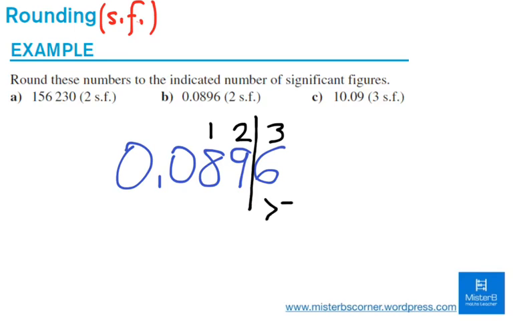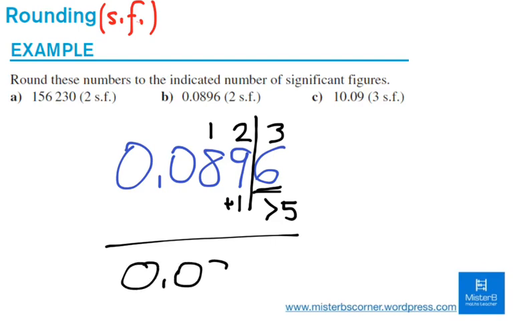Well, just because the number next to it, which is 6 here, is bigger than 5, then I have to add 1 and end up with 0.090. So this is a very tricky example. I have to write those two significant figures, so it's going to be 0.090, right? I don't consider this bit as significant.